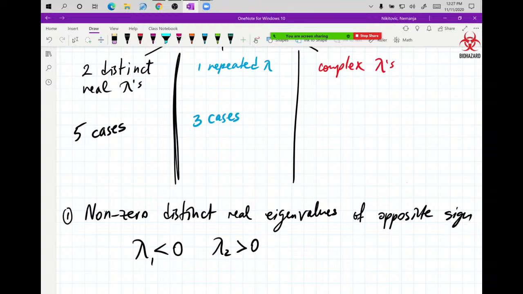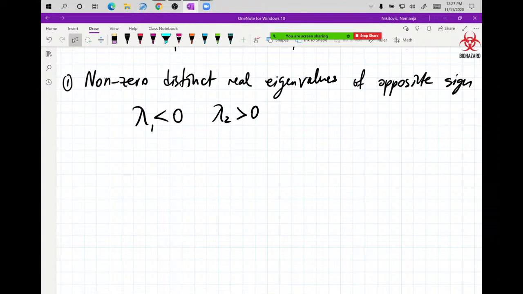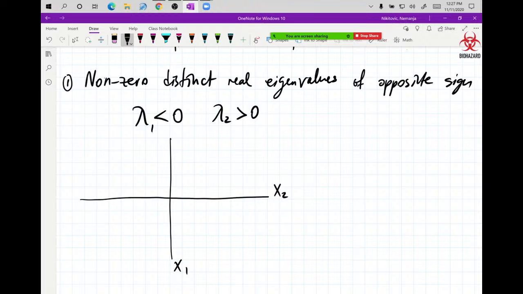Now, the solutions, if you are to graph this on the plane, where we have x1, x2 axis, there we go. So we are going to have the eigenvectors, and you can set these eigenvectors any way you want. I'll follow the practice v1 and v2 eigenvectors.